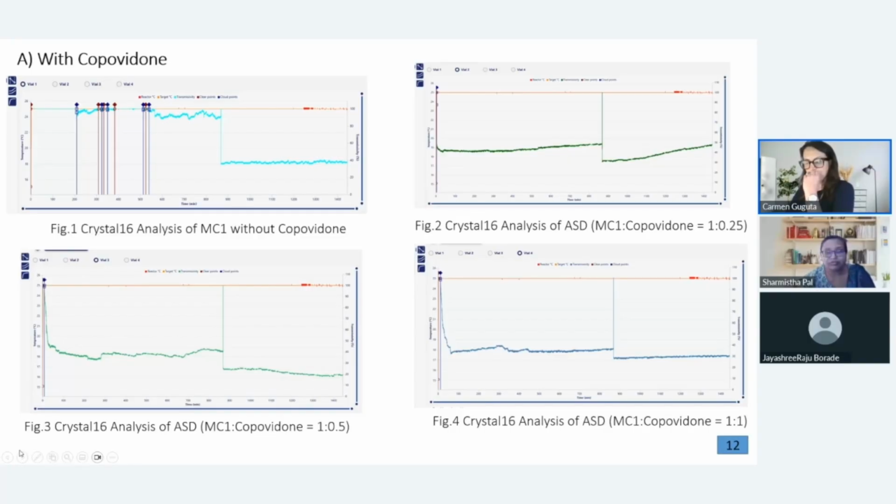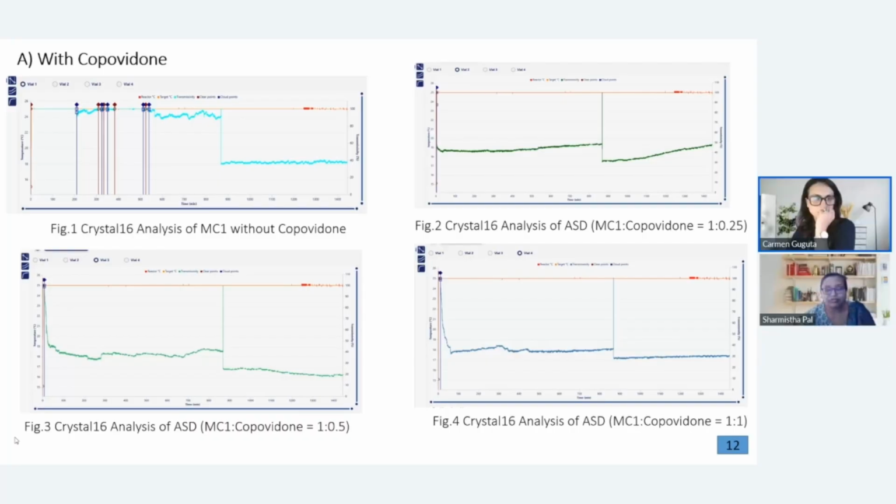So now let me take you all through some real examples that we perform in our lab using the Crystal16. The first example is with copovidone as polymer. These graphs show the Crystal16 analysis of the model compound MC1 with increasing copovidone concentration.